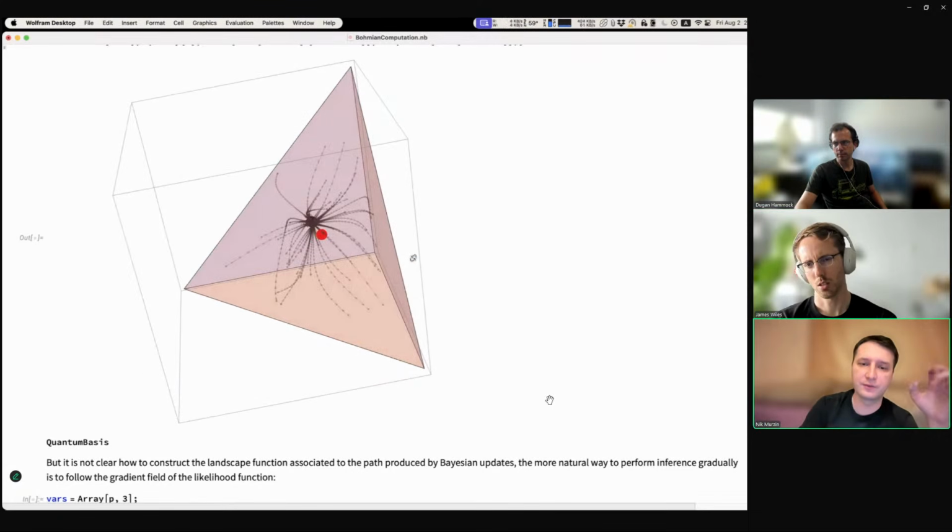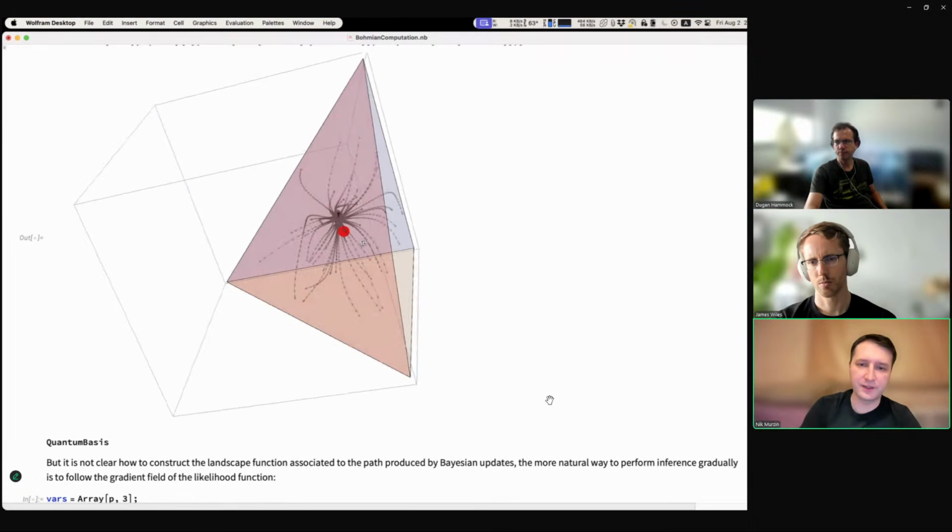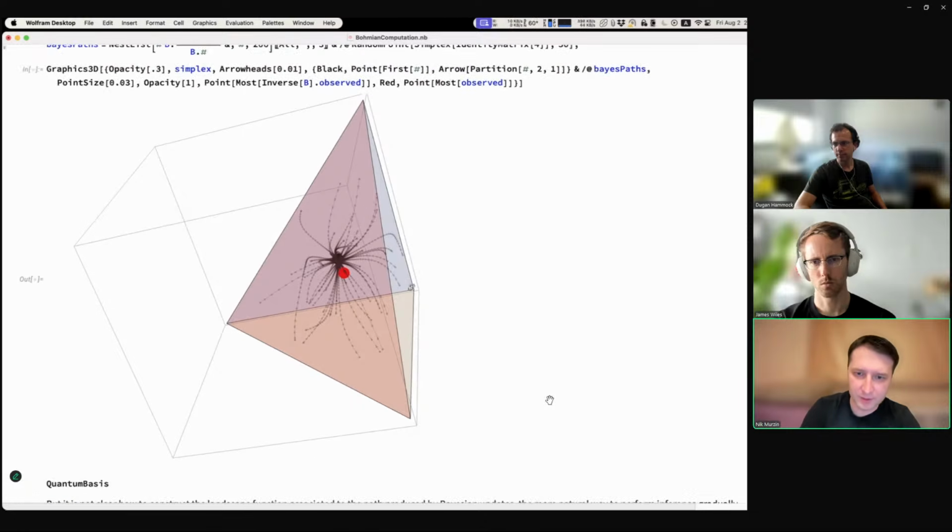It's just the actual vector or quantum state that you get after applying only the forward part. Yes, I see. So you apply this, and this drives the dynamics of all those arrows from arbitrary priors. But if you want to project it, maybe I should have done it, this is maybe the center of the Bloch sphere.